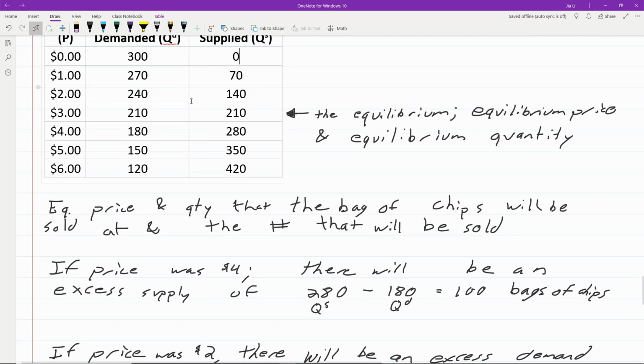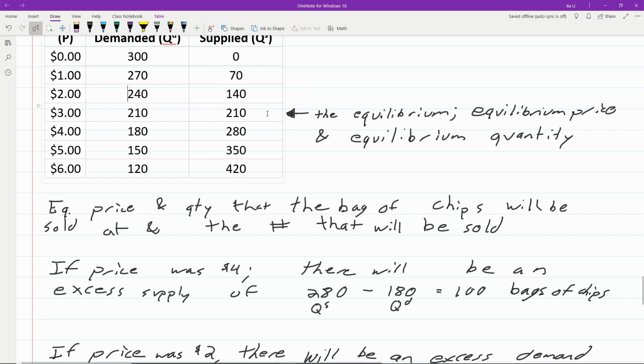So, what about the opposite? What if the store instead raises the price, let's say from $2 to $3? Well, now we're back at the situation where customers want to buy 210 and the store has 210 to sell. So there's no excess demand in this case, and there's no excess supply either. So there is an incentive for stores to raise the price when there is an excess demand, when the price is below $3.